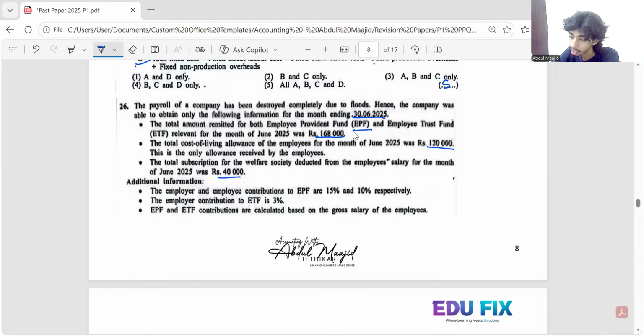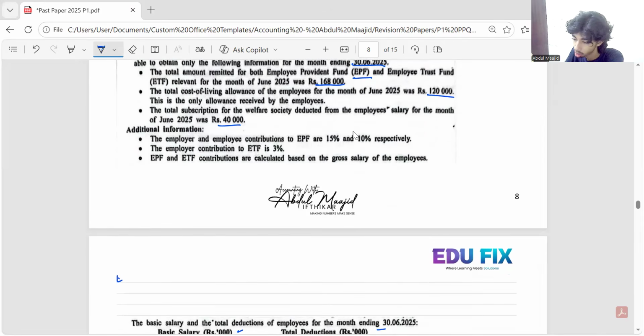Now here, employee EPF is 10%. Employer EPF is 15%. And then you have the employer ETF of 3%.